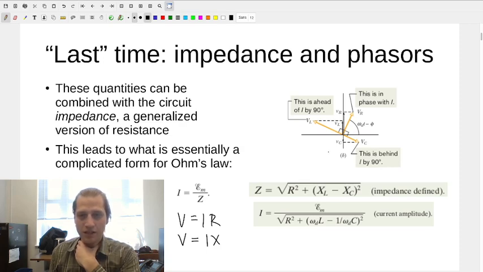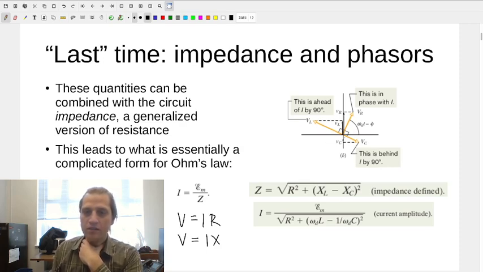And what's interesting is that because the phase matters in a circuit like this, electrical engineers have developed this phasor notation where you can work in adding vectors instead of adding sinusoids.